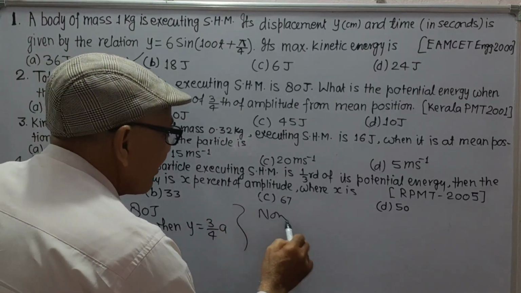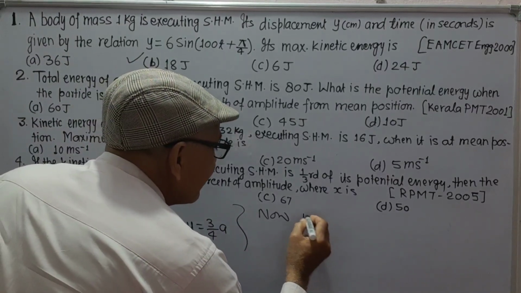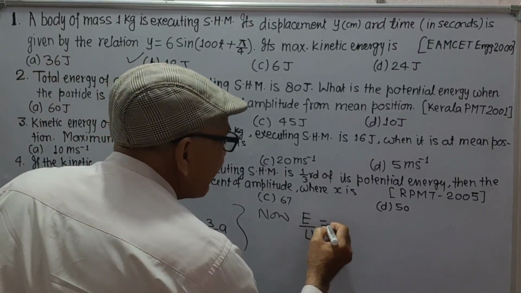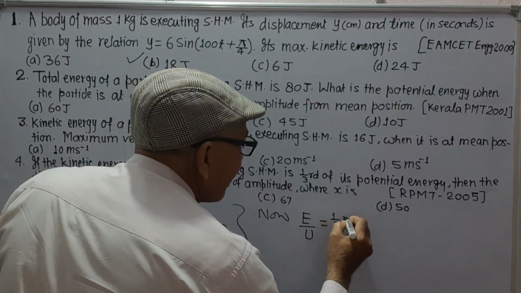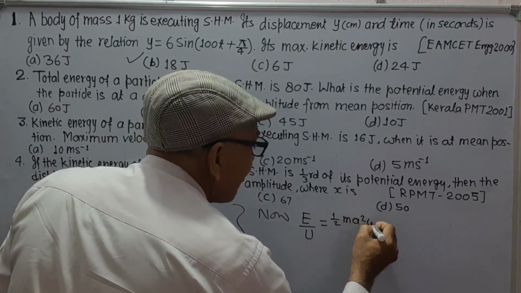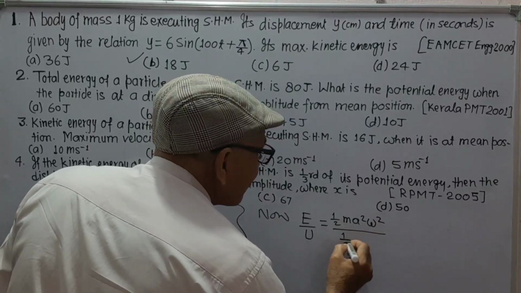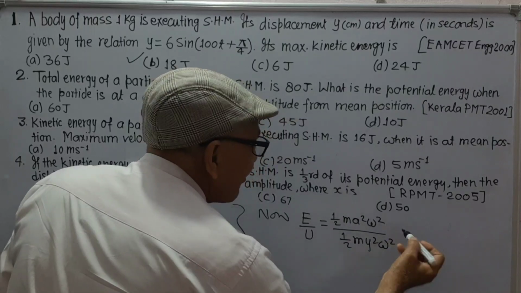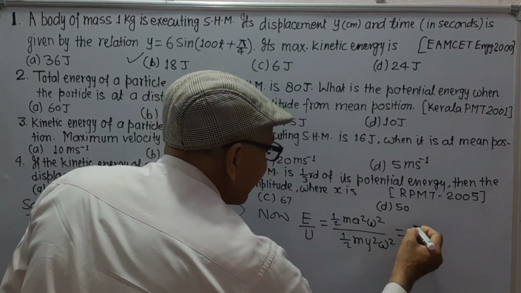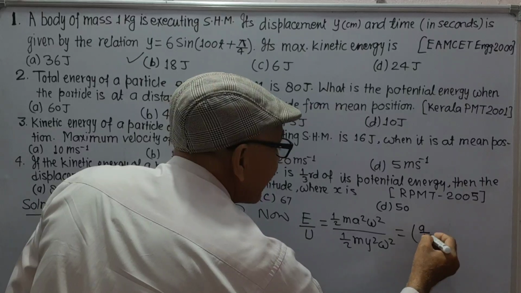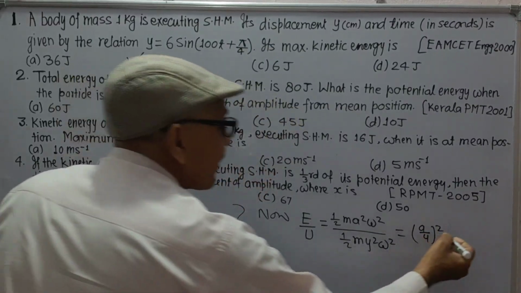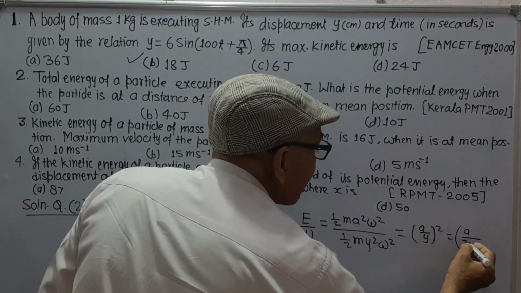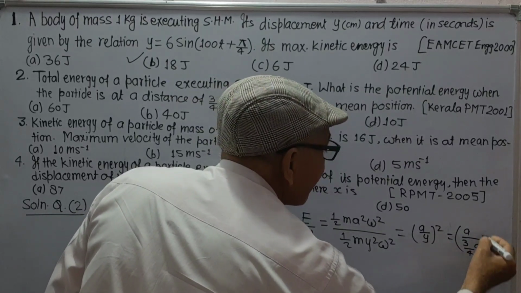Now E upon U, total energy upon potential energy, may be written as 1 by 2 m A square omega square upon 1 by 2 m y square omega square, which gives A square upon y square, that is A upon y whole square, which is A upon 3 by 4 A whole square.